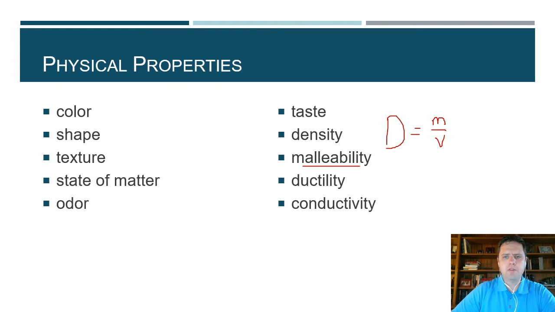Conductivity can be both regarding heat conductivity as well as electrical conductivity. So you can measure how a substance will conduct heat and how a substance can conduct electricity. Now again, all of these properties we've just talked about are all physical properties.